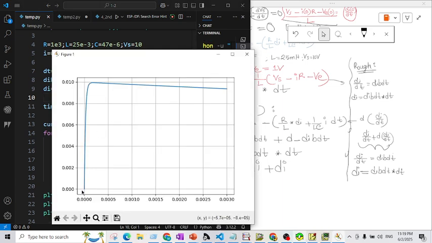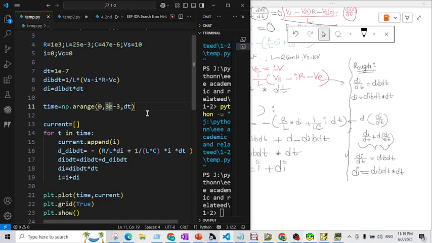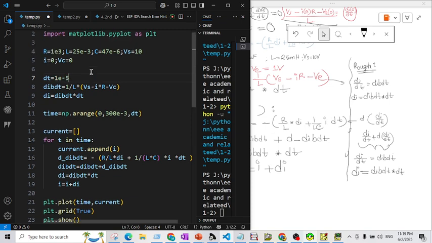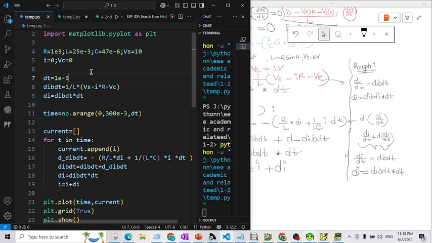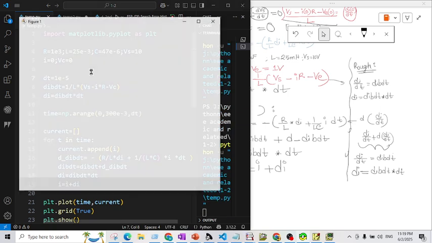So I found a sharp increase in current, and then the current is decreasing. Okay, so let's increase the time, let's say 300, and then now decrease dt to save time. Let's say it's -5, and now let's see what happens.